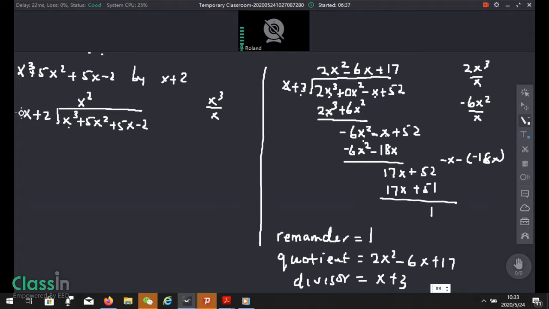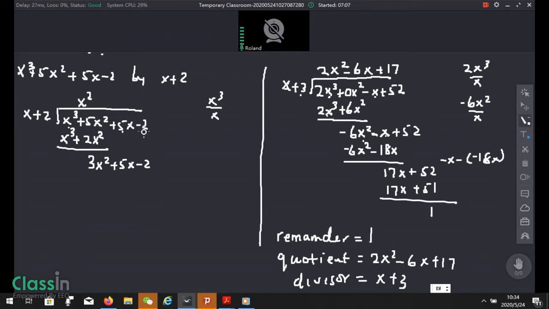We multiply x plus 2 by x squared. If we multiply x by x squared, we have x cubed. If we multiply 2 by x squared, we have 2x squared. And we can subtract. x cubed minus x cubed is 0. 5x squared minus 2x squared gives 3x squared, plus 5x minus 2.